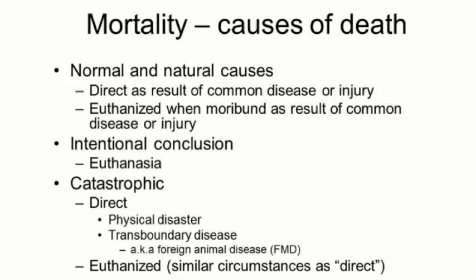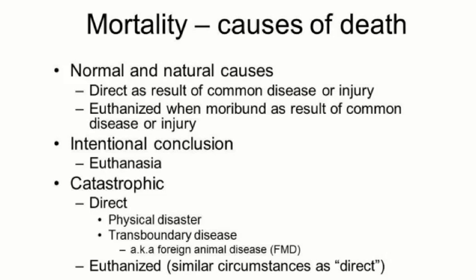They're distinguished from what we call not common diseases, those that may be transboundary, and I refer to that at the lower portion of the slide, those that might be foreign animal diseases, catastrophic in their nature in that they cause severe problems, and they may even be zoonotic in that they may cause disease in humans.